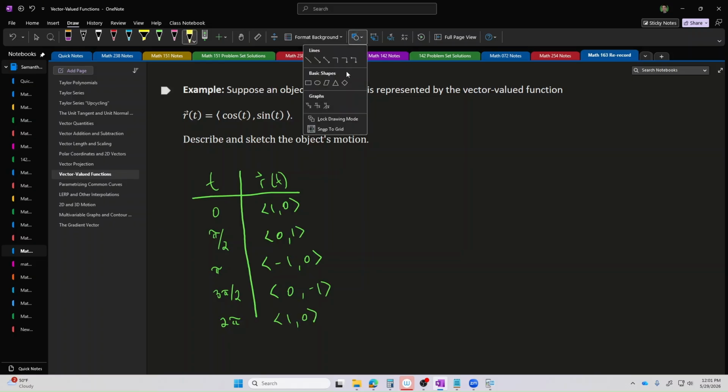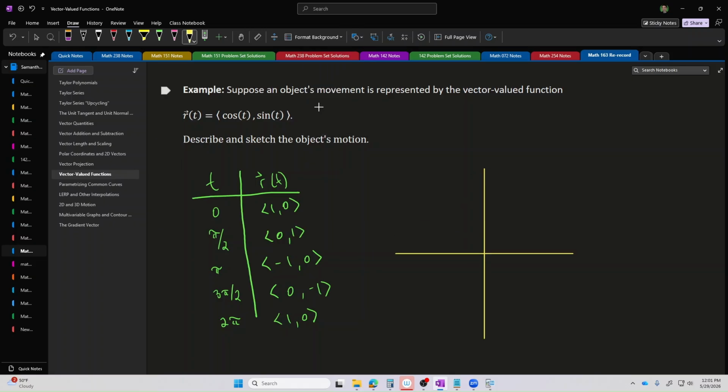So to represent this situation in a picture, we'll start with some scratch work. When t is equal to 0, there is a vector pointing to the object's location from the origin, 1 unit directly to the right.